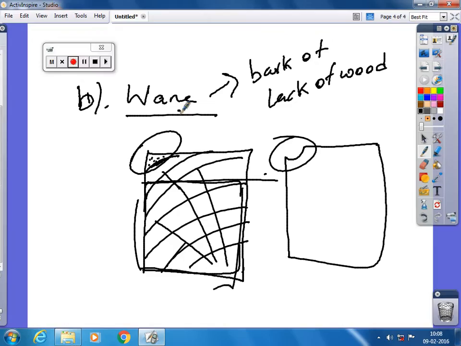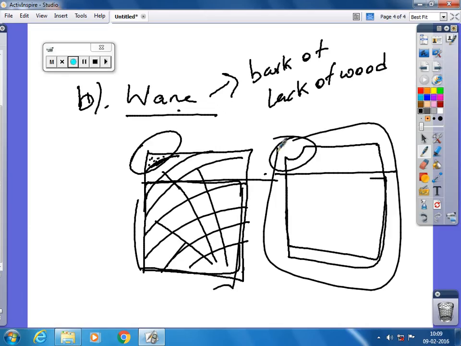So in order to increase its strength, let's cut this part and make it a square timber portion. When we use this timber portion, we'll have good strength. But when we use the other portion as a whole structure member, the strength is very less. Clear?